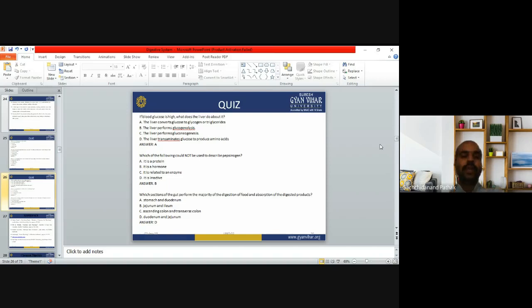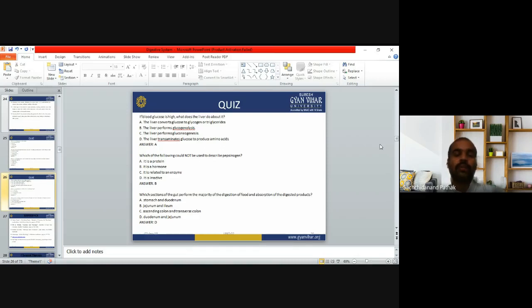If we see answer D, the liver transaminating glucose to produce amino acids will not help. C, gluconeogenesis, no, it would again produce more glucose. B, glycogenolysis, would release glucose from glycogen, so glucose would not be reduced in the blood.